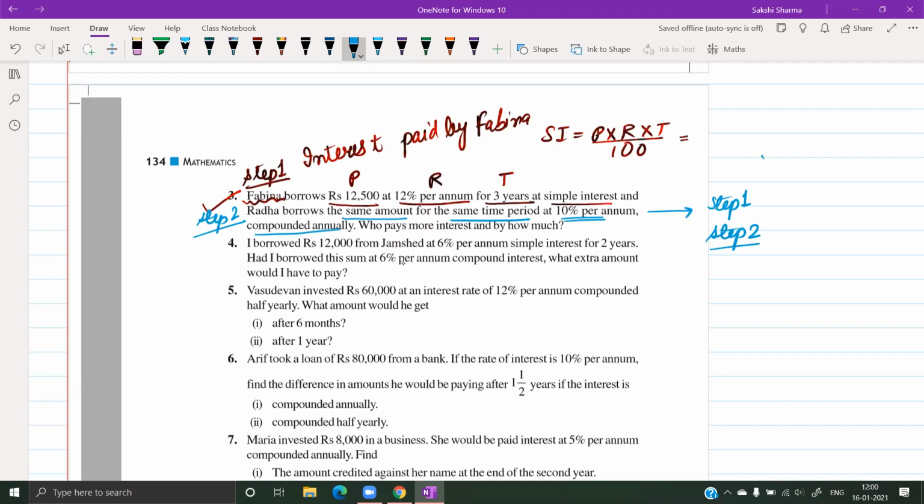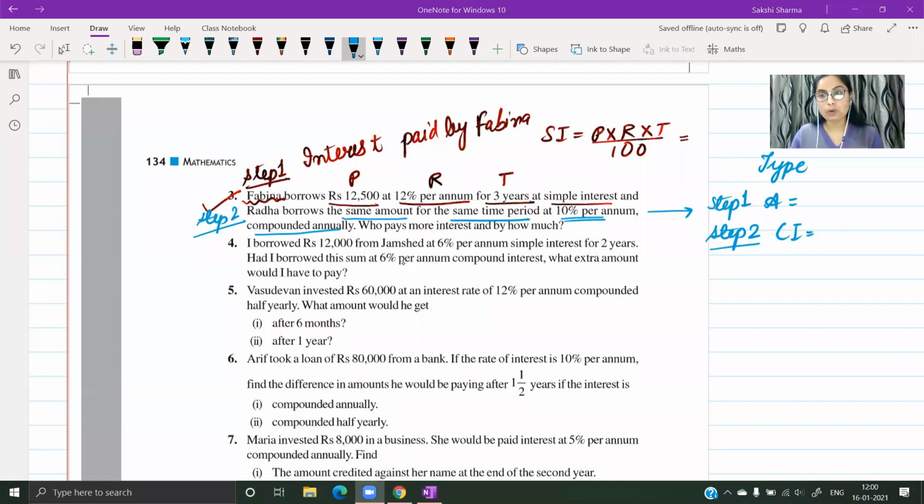Can you tell me which type this is? First, you will find out the amount, then you will find out the compound interest. Can you recall which type this is? The interest is compounded annually. We need to look at the time period.